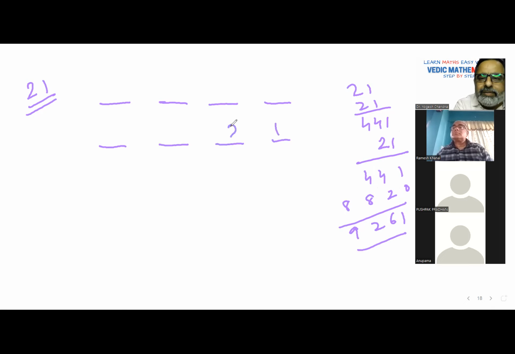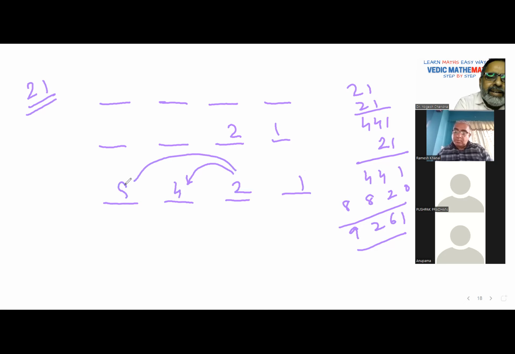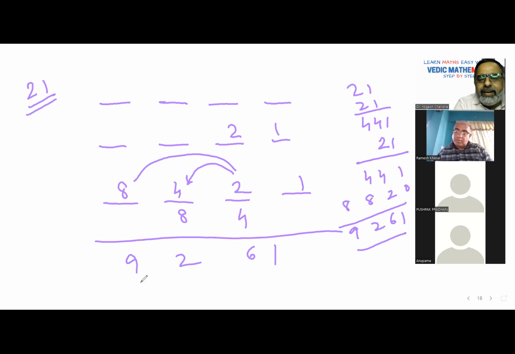Now reverse. First it was 1 at the first, now 1 at the last. Third step, same. Square of 2 is 4. Cube of 2 is 8. Add the middle terms. 9, 2, 6, 1.